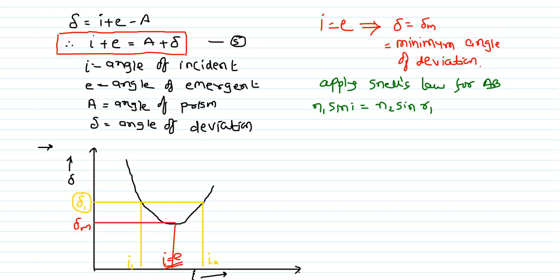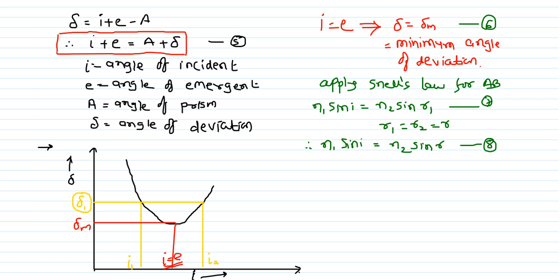Okay, now here we can say R1 is equal to R2 is equal to R, right. Therefore you can say that eta 1 sin I is equal to eta 2 sin R, right. You can say it is equation number 6, 7, and equation number 8, right friends.